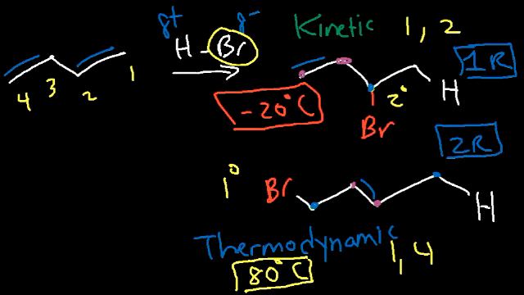The thermodynamic product is usually the one that has the most stable alkene, and the kinetic product is usually the one that passes through the most stable carbocation intermediate, and that's really how you identify it. But now let's focus on drawing the products for now. Let's do a few practice problems, and then we'll work on some mechanisms as well.